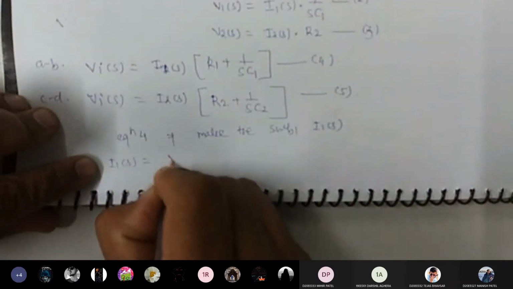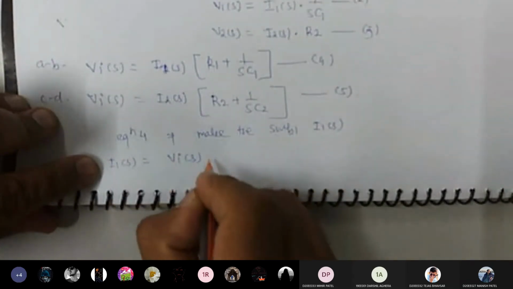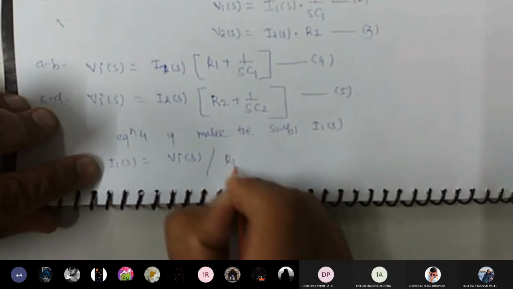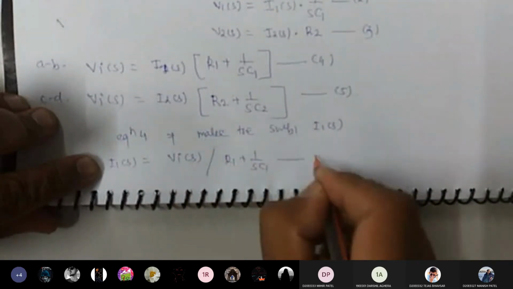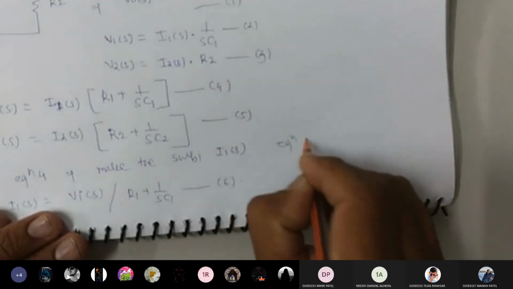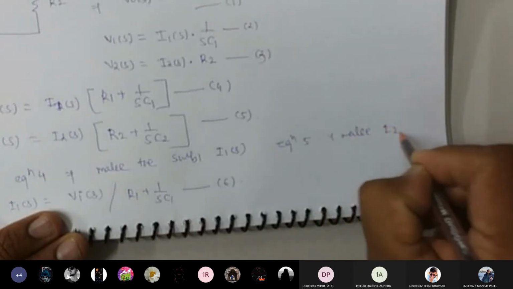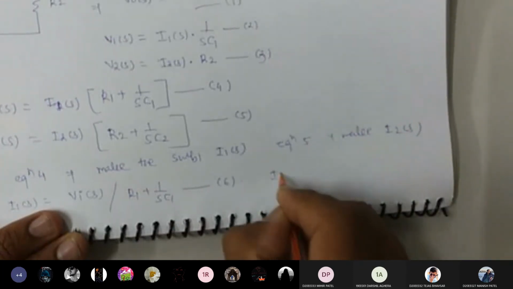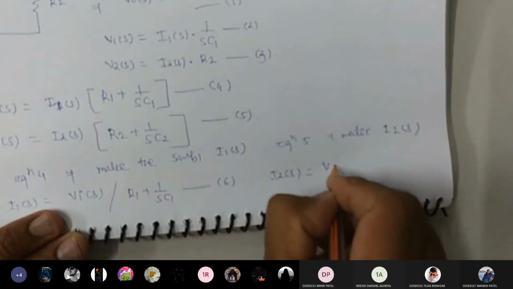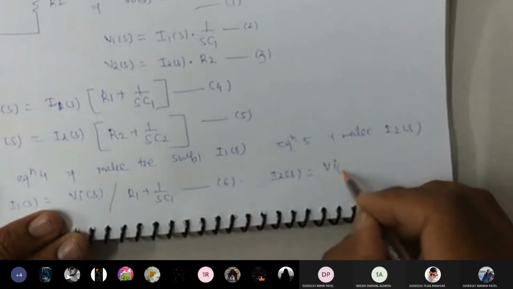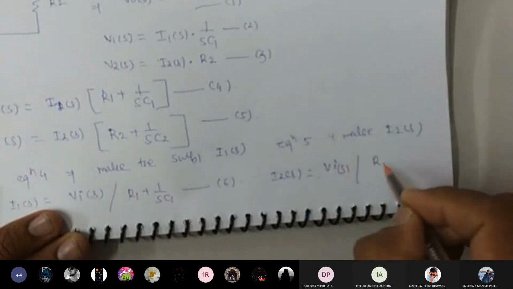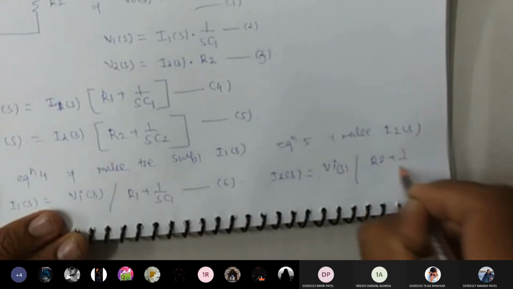It will be VIS upon R1 plus 1 upon SC1. Equation number 6. Similarly, take equation number 5 and make I2S the subject. What equation do we get for I2S? VIS divided by R2 plus 1 upon SC2.